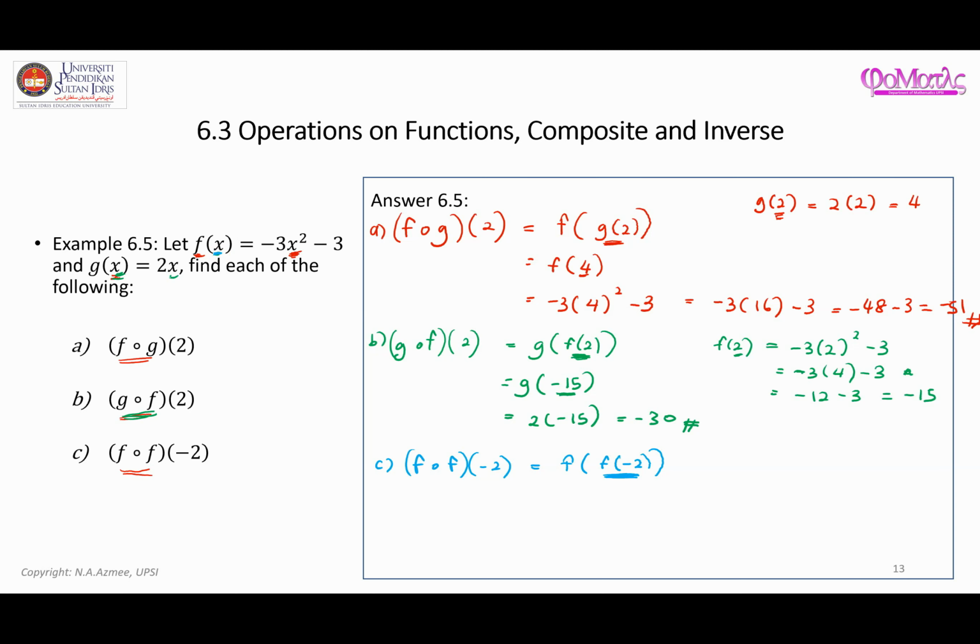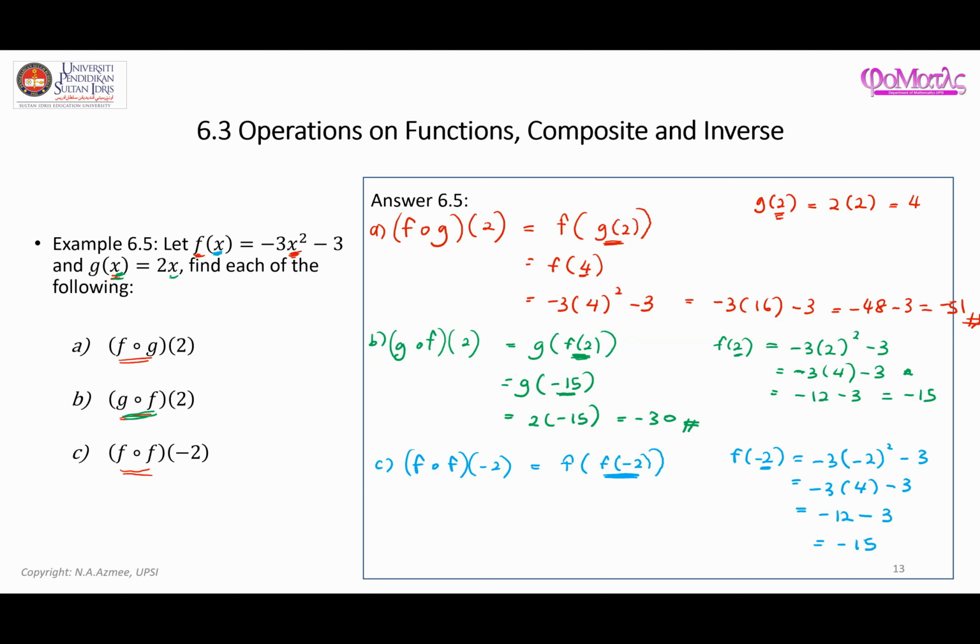Our first job is to find f(-2). This can be obtained by substituting -2 into x. So f(-2) is -3 times (-2) squared minus 3, which is -3 times 4 minus 3. So this is -12 minus 3, which is -15.